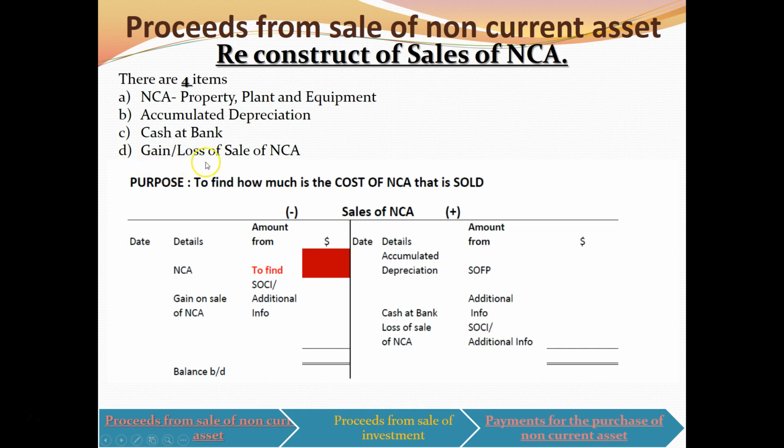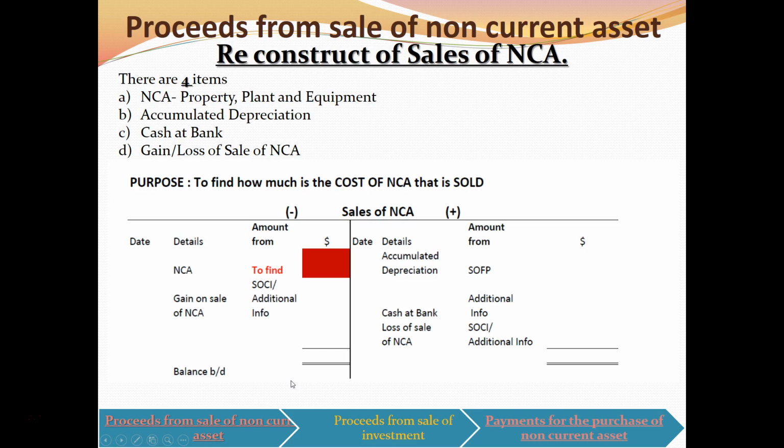Gain or loss on sale will be under the SOCI. A gain will be on the credit side, because gain on sale has to go to profit and loss as an income. A loss on sale is on the debit side of this account, because it has to transfer to the income statement on the debit side of profit or loss.